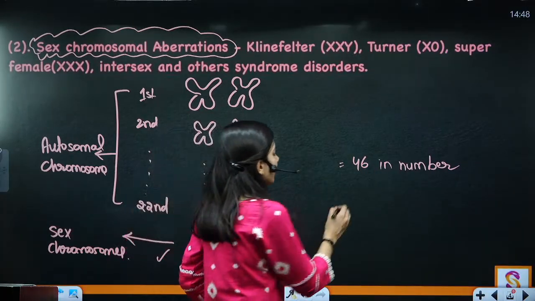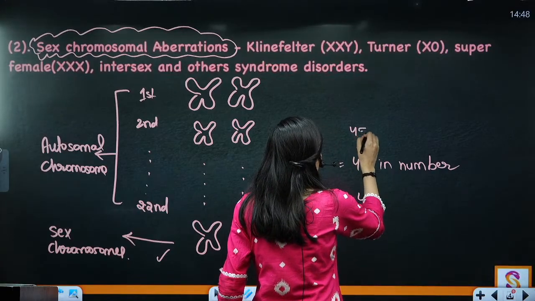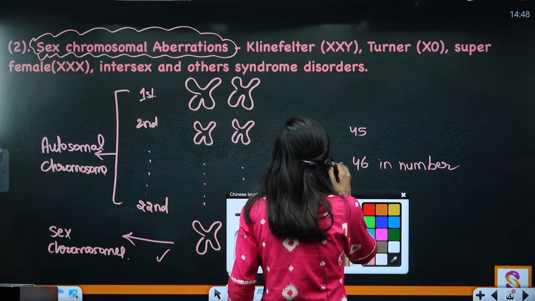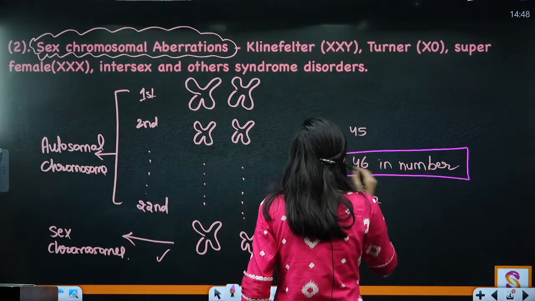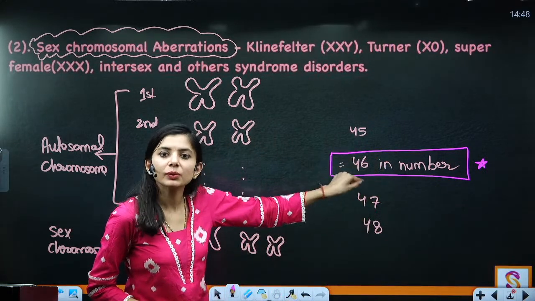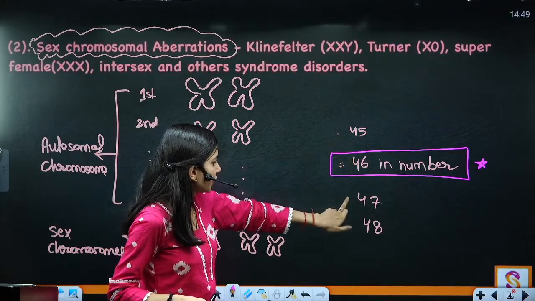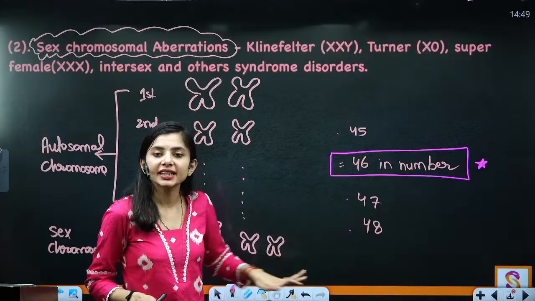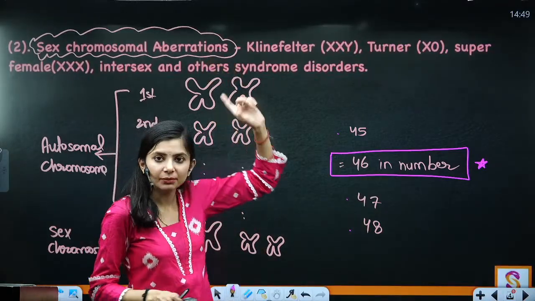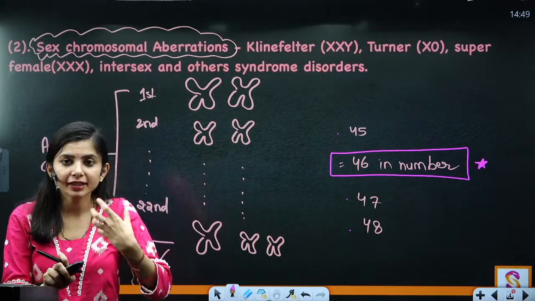So quite possibly it may be 47, it may be 48, it may be 45. 46 in number is the normal and ideal situation, but 45, 47, 48 would be considered an abnormality, an aberration, an error, something which is not required.